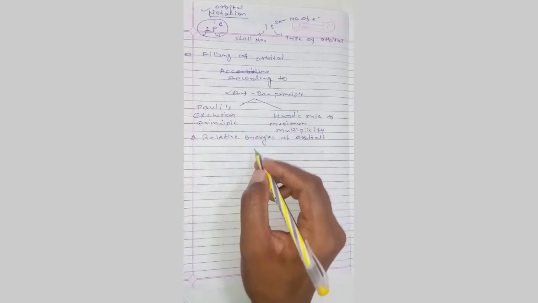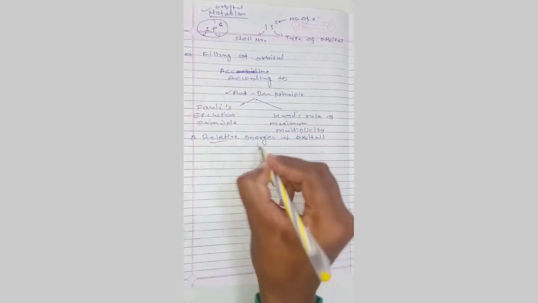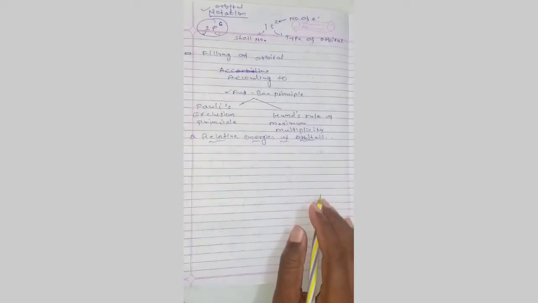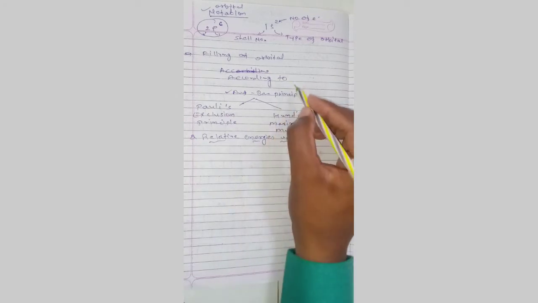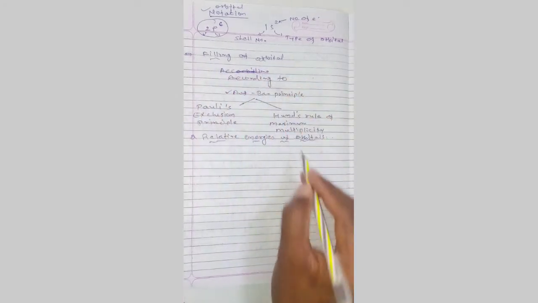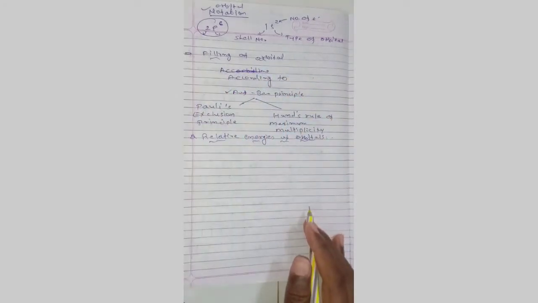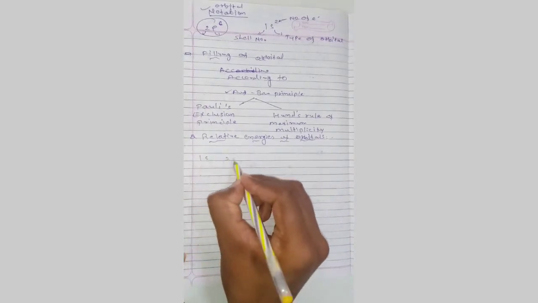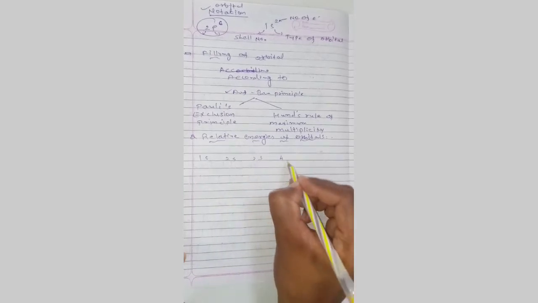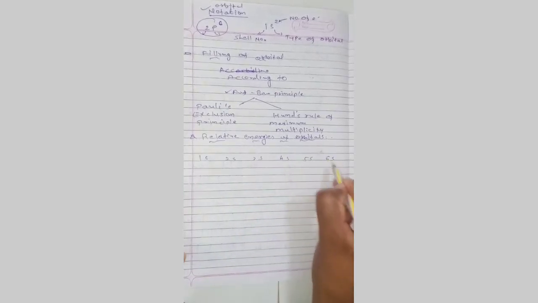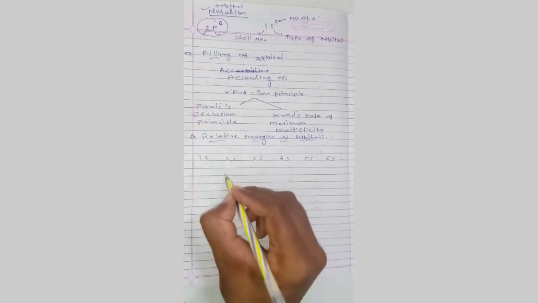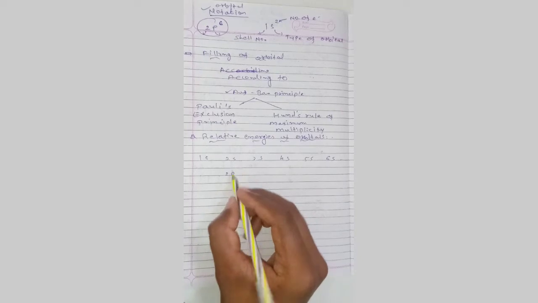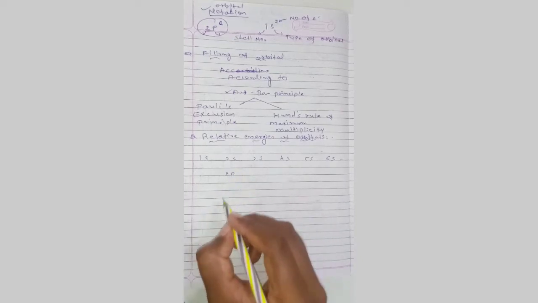First of all, let's see relative energies of orbitals and how the filling of orbitals and their order. So first of all, 1s, 2s, 3s, 4s, 5s, 6s and so on. Then after it, second shell starts from 2p.